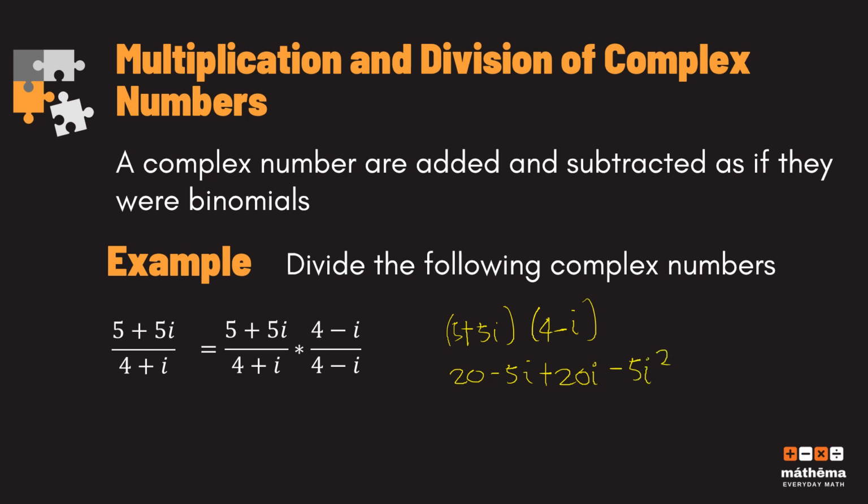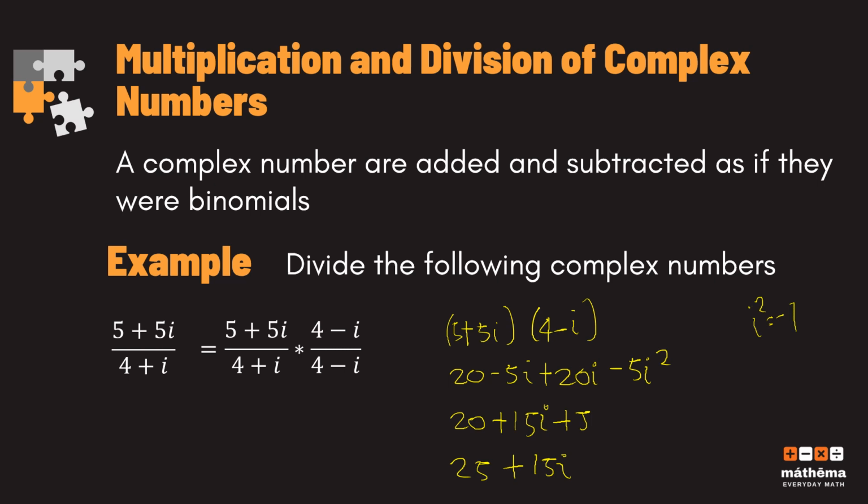Simplify, we will have 20 plus, this is positive 15i. What is i squared again? It's negative 1. So negative 1 times negative 5 is positive 5. So this will give us what? 25 plus 15i. That will be our numerator.